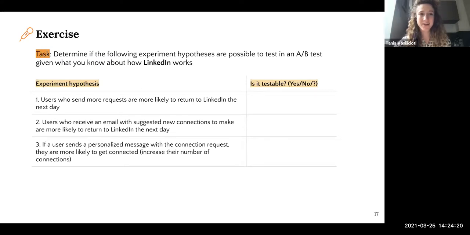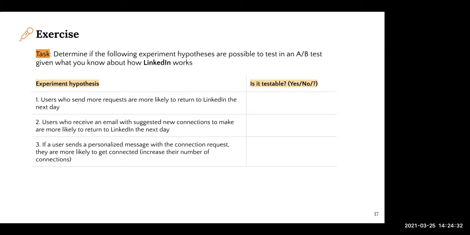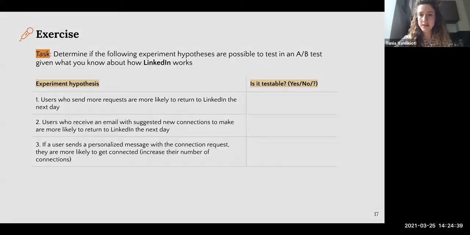So, users who send more requests are more likely to return to LinkedIn the next day. Is it a hypothesis that's testable in an A/B test? My intuition would be to say no, because we don't really control how many requests are sent somehow. Yeah, exactly.